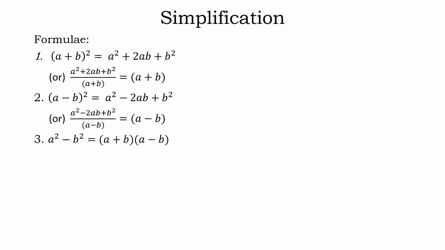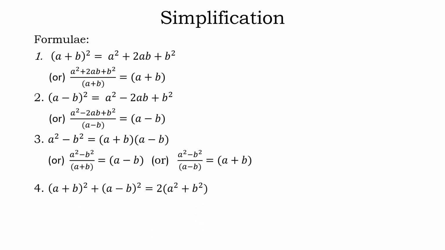And a square minus b square is equal to (a plus b) into (a minus b). Or if the given problem is of the form (a square minus b square) divided by (a plus b), then the answer is a minus b. Or otherwise (a square minus b square) divided by (a minus b) is equal to a plus b.